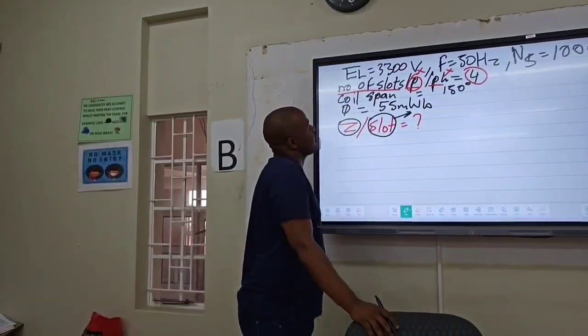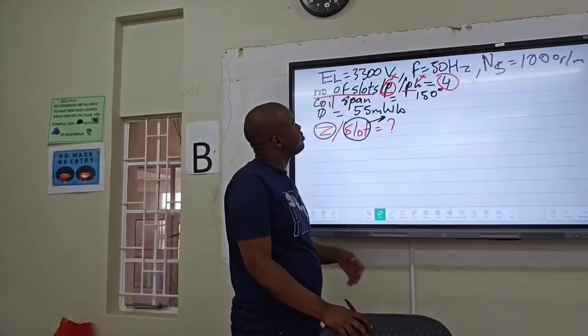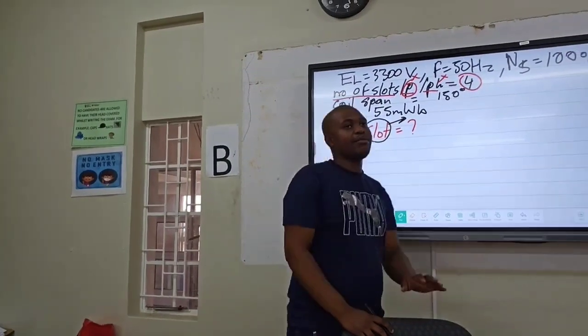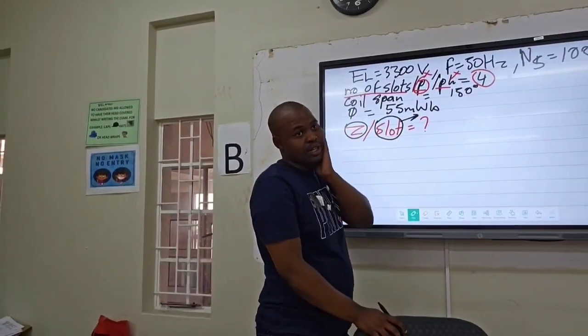So how many poles will be given by the synchronous speed?